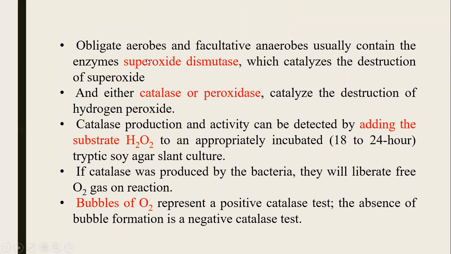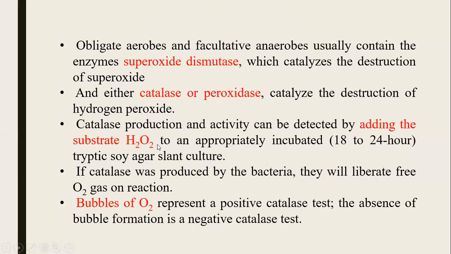Here, obligate aerobes and facultative anaerobes usually contain the enzyme superoxide dismutase, which catalyzes the destruction of superoxide radicals. This superoxide dismutase enzyme neutralizes the superoxide radicals, and either catalase or peroxidase catalyzes the destruction of hydrogen peroxide. The catalase production and activity can be detected by adding the substrate hydrogen peroxide.